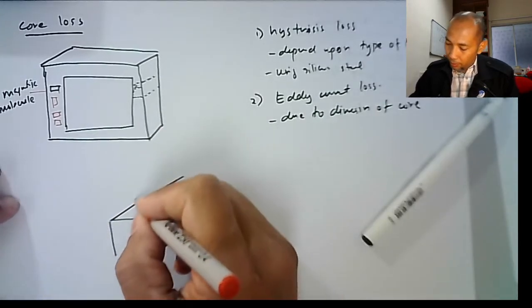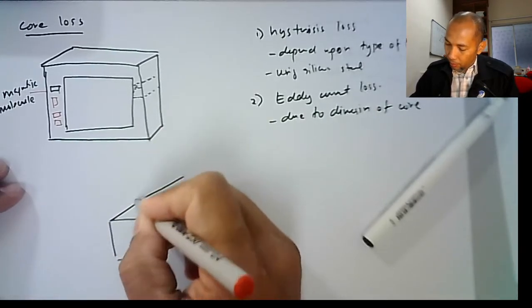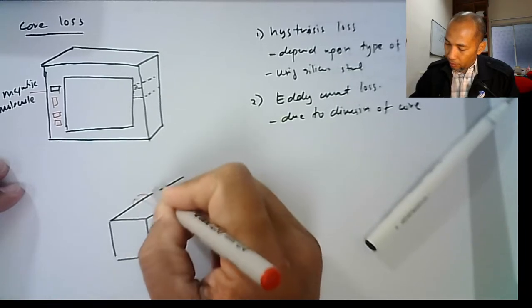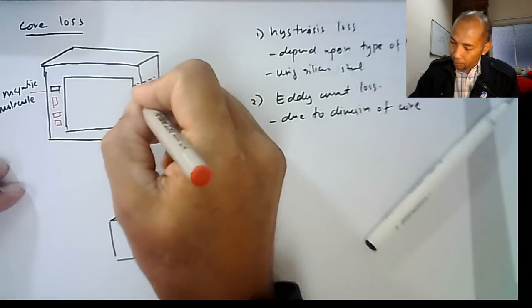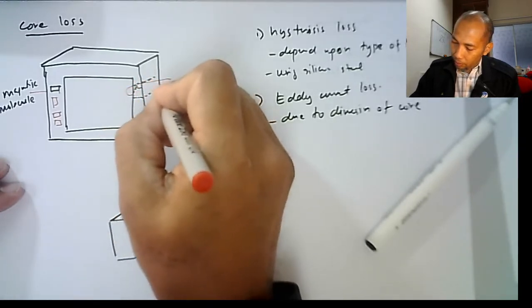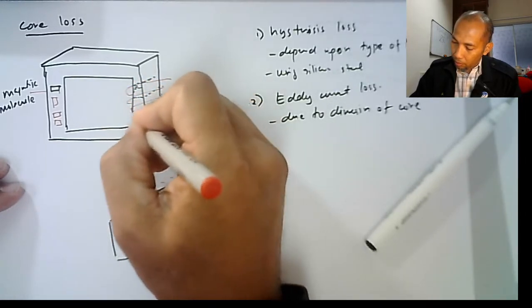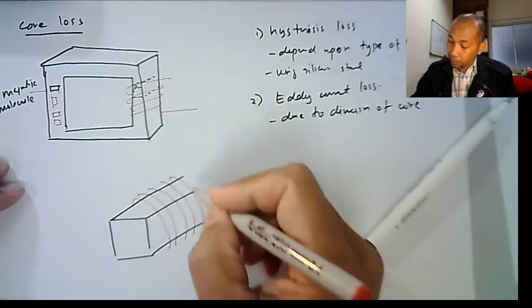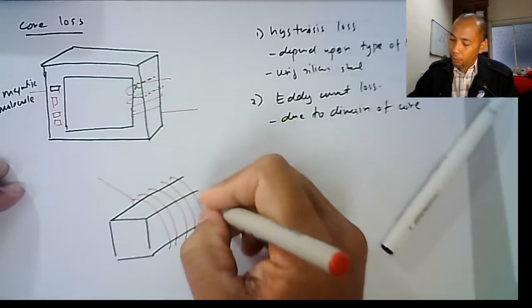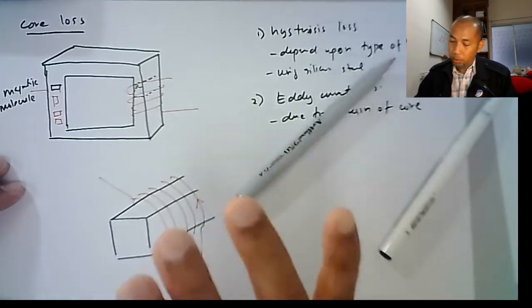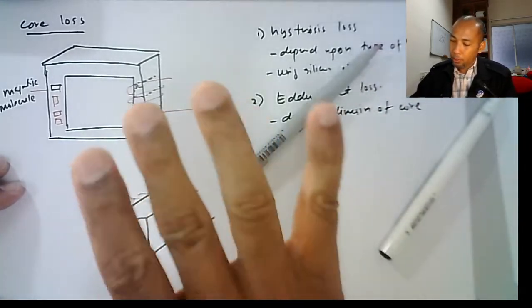This is a winding. For example, this winding, just assume this winding. For example, current goes here, using our right hand rule.